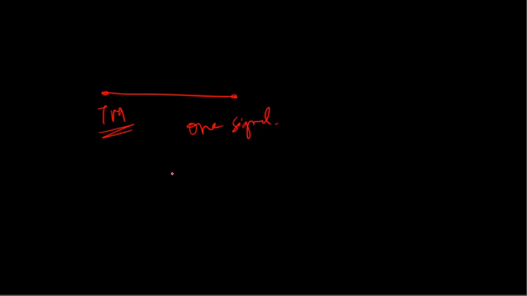If we have 10 signals on this one link, we have to divide the transmission medium into 10 links. If the bandwidth of the medium is 100 units, we have to give 10 units to each to send the 10 signals.